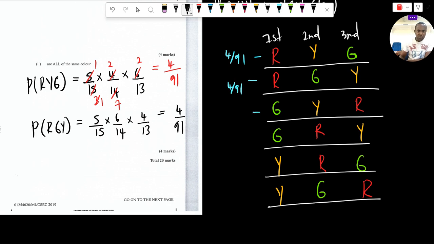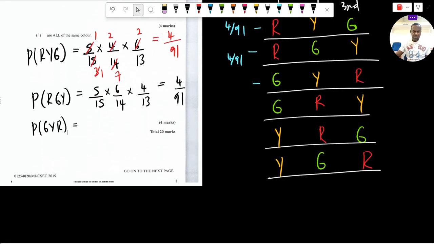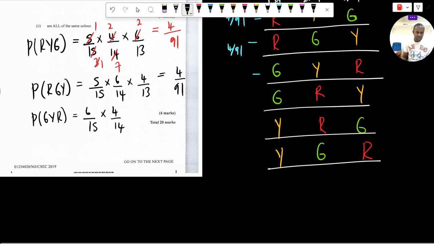Let's check the others. For the next one, probability of green, yellow, red. Most likely these are going to give the same numbers. So green, yellow, red. How many green to begin with? 6 over 15. After the first green is chosen, there are still 4 yellow and 14 in total. And after those first 2 are chosen, there are still 5 red and now 13 in total.